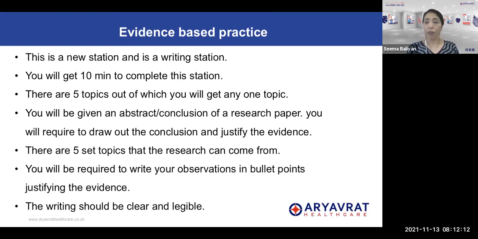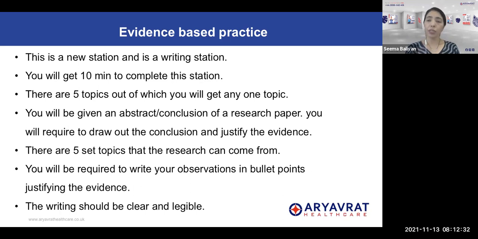Again, there are 5 topics, and out of those 5 topics, you will get any one topic in your exam. You will be given a brief scenario, and along with that you will be given an abstract or a conclusion of a research paper which talks about the evidence relating to that scenario.